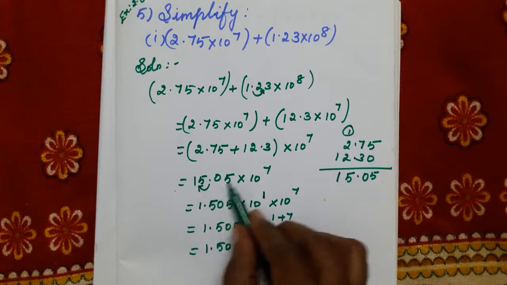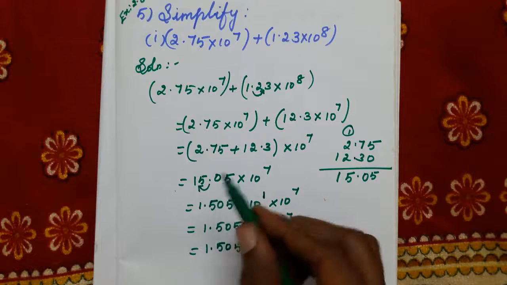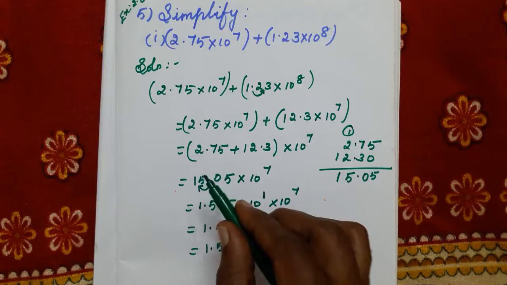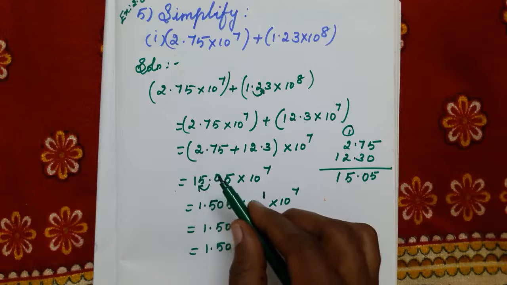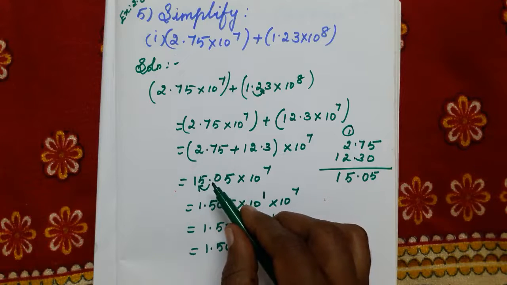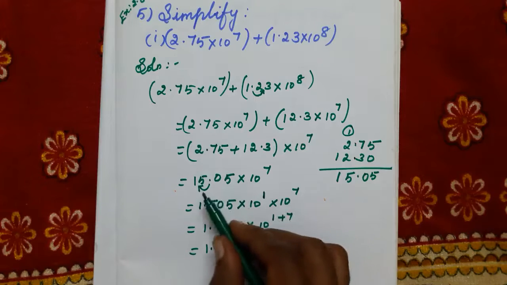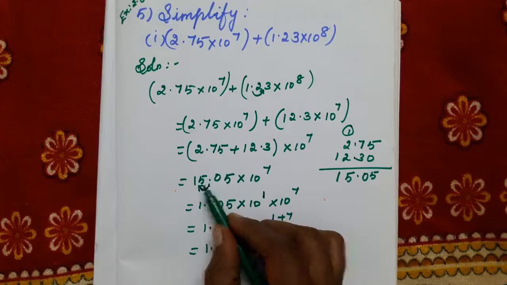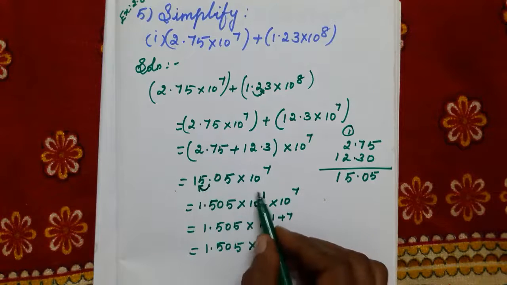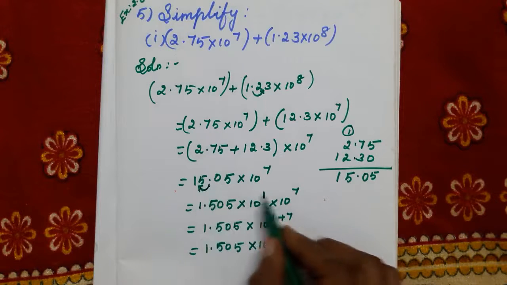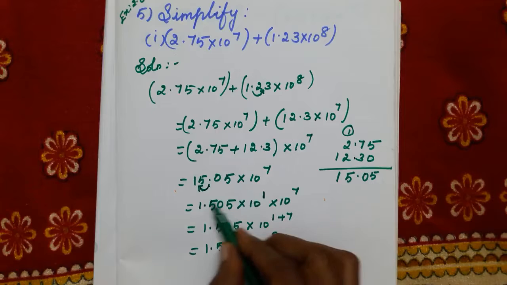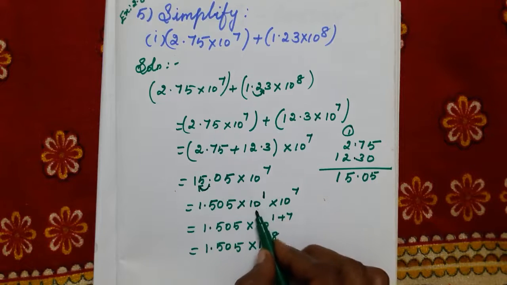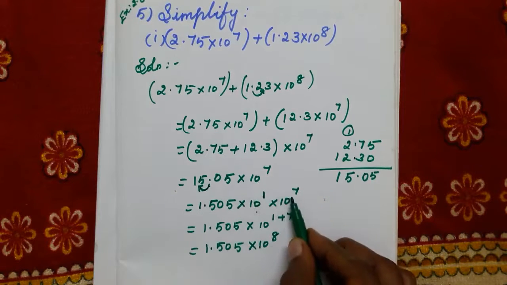Now this is not in scientific notation. In scientific notation, only one digit should be there before the decimal place. So I have moved the decimal point one digit left. If we move the decimal place one digit left, we get 10 power 1. 1.505 into 10 power 1 into 10 power 7.